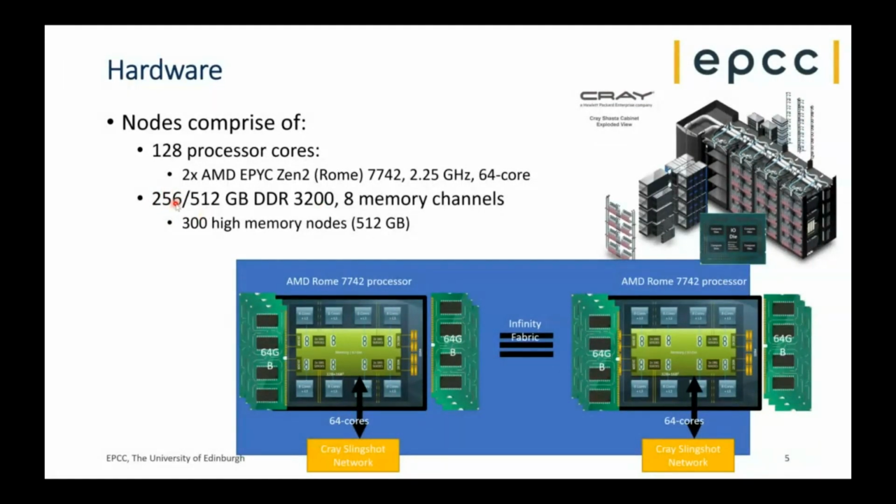So you can think of that as 2 gigabytes of memory per compute core. They're not restricted in that way. You can use all the memory from one core, but that's what they have. And then a subset, 300 of the 5,860 nodes, have more memory. So we've got 512 gigabytes. So we've got 4 gigabytes a core.